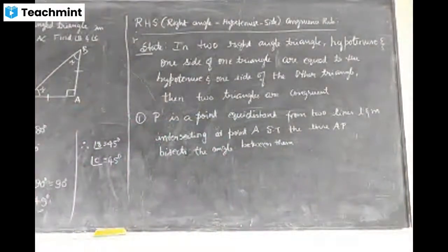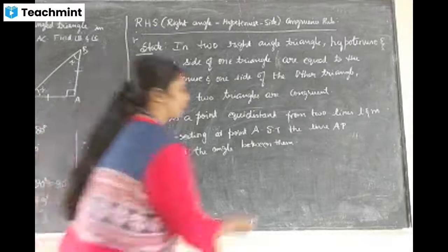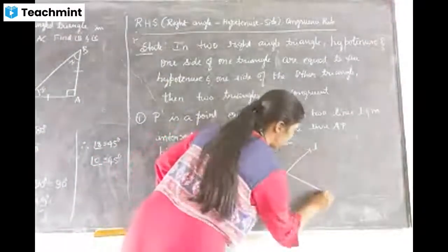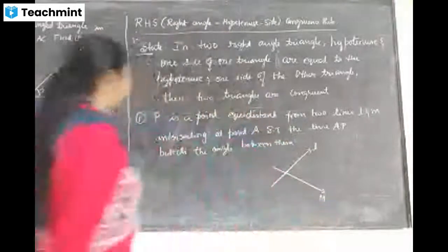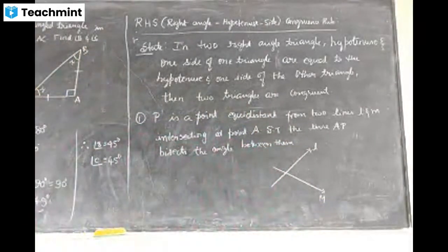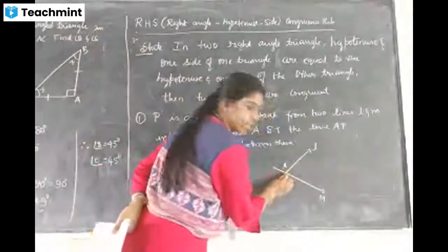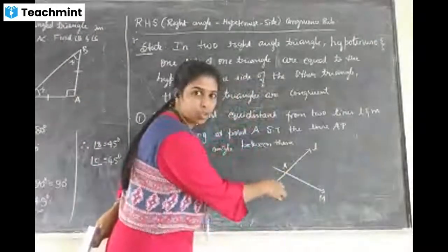Okay. In the diagram, L and M are the two lines. This is the line L, this is the line M. P is the point equidistant from the two lines L and M, which intersect at point A. This is the intersecting place, where the two lines are joining.